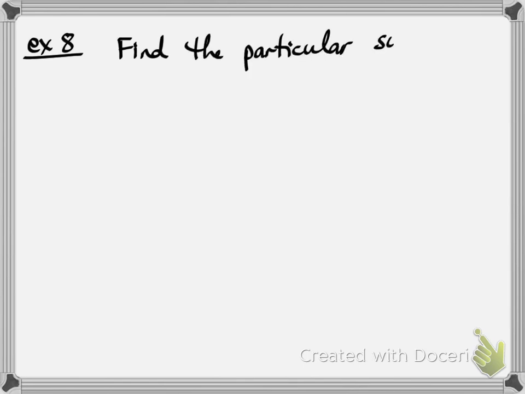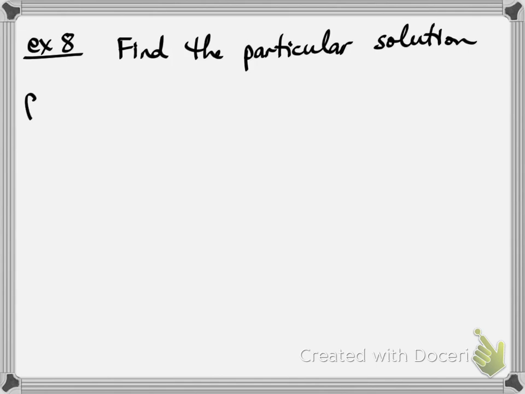All right, now we have a new type. Sometimes we want to be able to find a particular solution when they've given us an initial condition. So let's say it says, I'm going to reword this a little differently. Find the particular solution for, let me look and see how the homework does it.